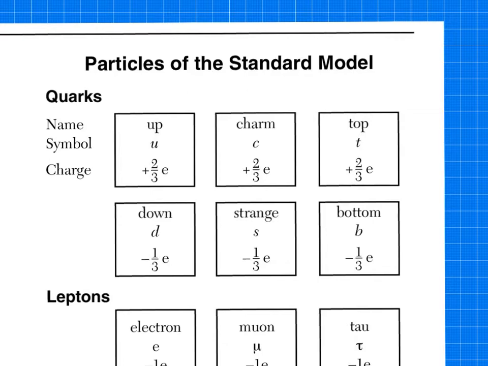You can do the same thing with a negative charge. The easiest way to make a negative is we take a down and a strange and a bottom, and so we have -1/3 each. And let's say that we want to make a neutral. Neutral we could make by combining, say, a top and a strange and a bottom. Here we have +2/3, -1/3, -1/3 brings us back to 0E, which is neutral.